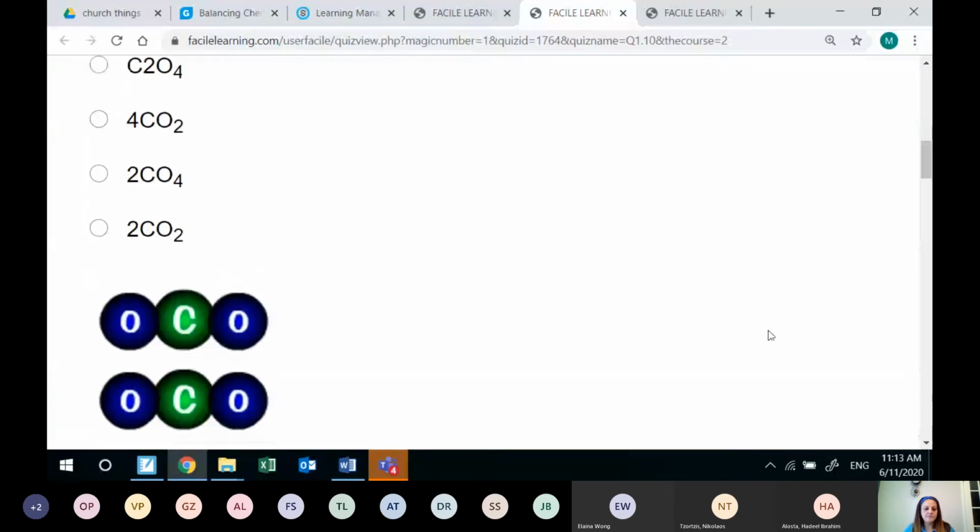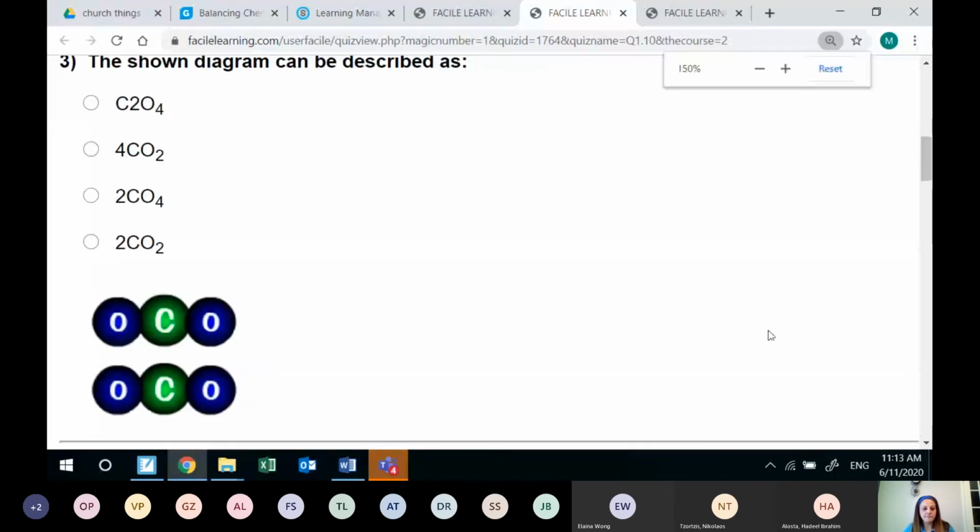Let's do this one. What do you think? This diagram represents which correct formula? Yes, excellent.